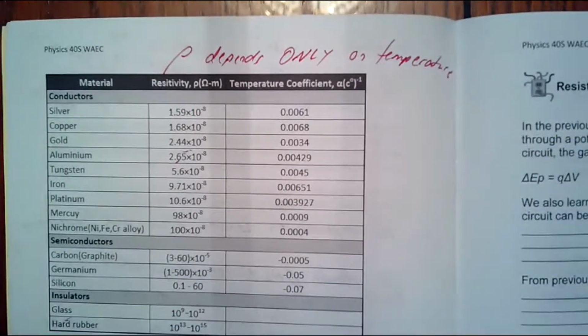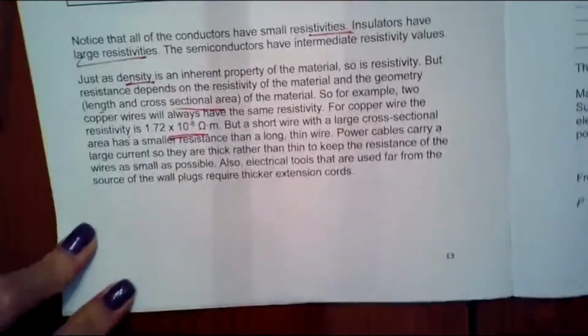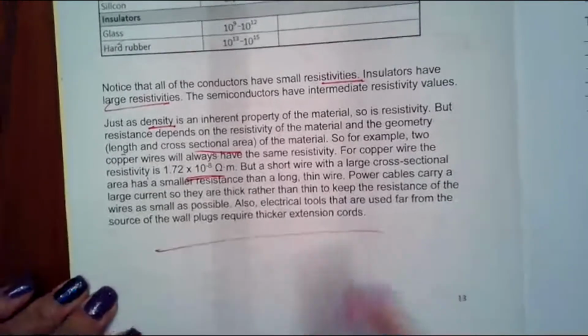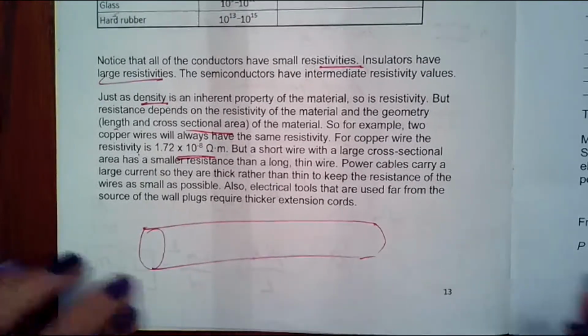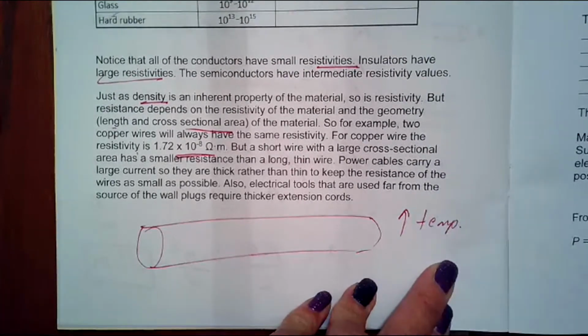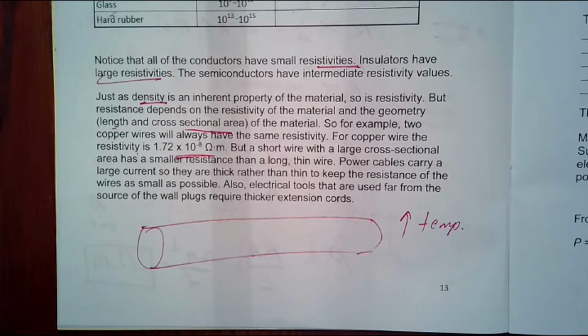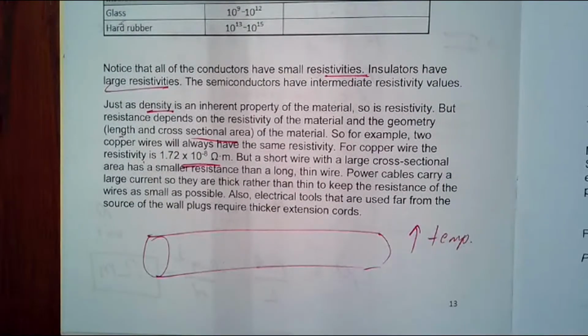So if you heat it up, what do you think would happen if you heat up the wire? Let's say I have this wire. Here's my copper wire, and I heat it up, so I increase the temperature. Now, you might be familiar with the kinetic molecular theory of atoms and molecules. Everything is made up of atoms and molecules, right?